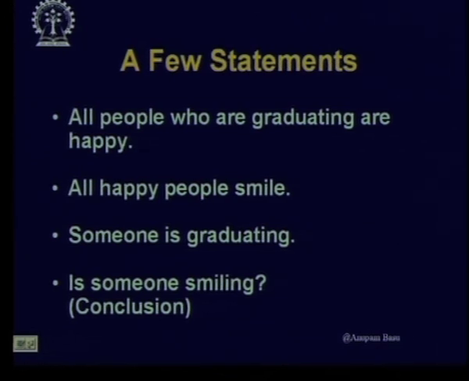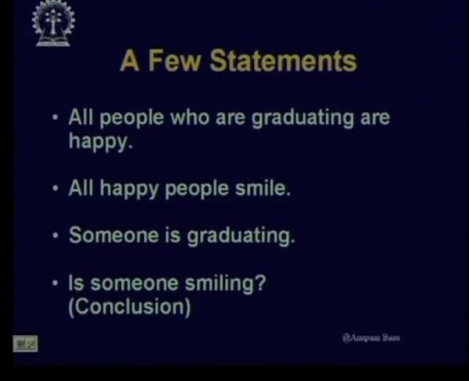Let us forget about mechanical inferencing for the time being. If we just apply our common sense reasoning, let us see what comes up. All people who are graduating are happy. All happy people smile. Therefore, I can reason and say all people who are graduating are smiling, and then someone is graduating.